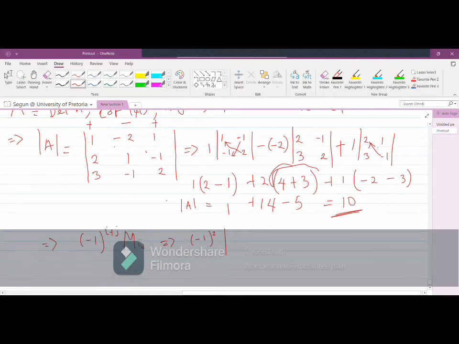Remember, the outside is 1. When you quickly calculate it, you have 2 minus 1, right?